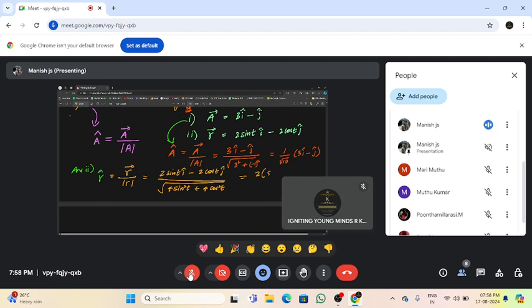So 2 times sine t i minus cos t j. Just write it, because there is less space left. So 2 within brackets, sine t i cap minus cos t j cap.